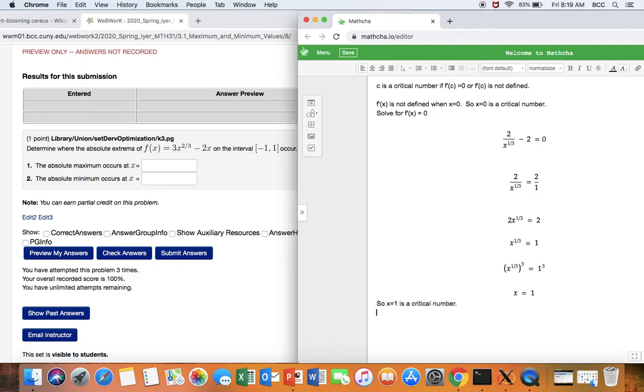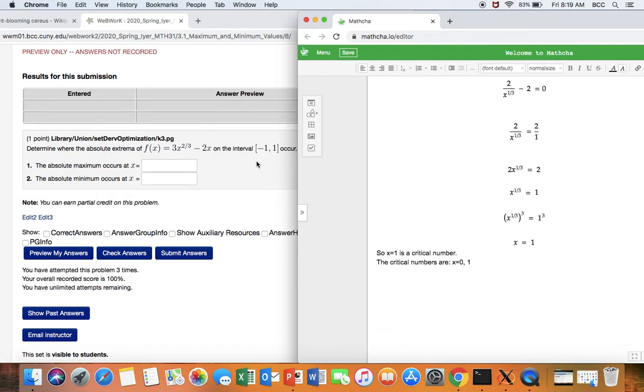All right. So far what do we have? We have x equals 0 and x equals 1. 0 here and 1 here. So fine. We are almost done. Your interval is -1 to 1. Aha.